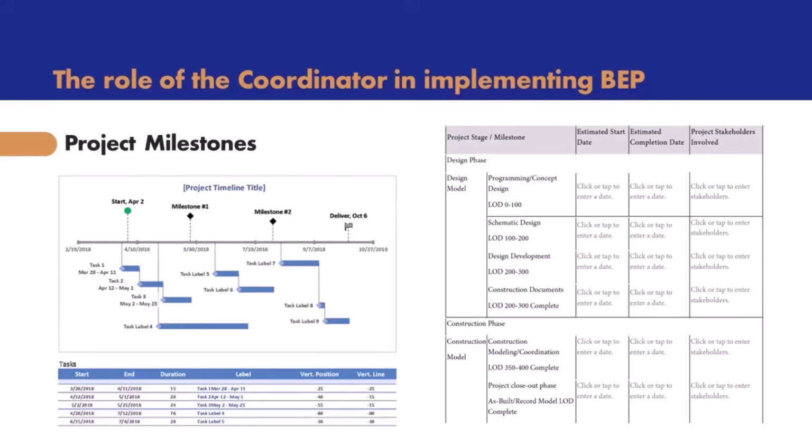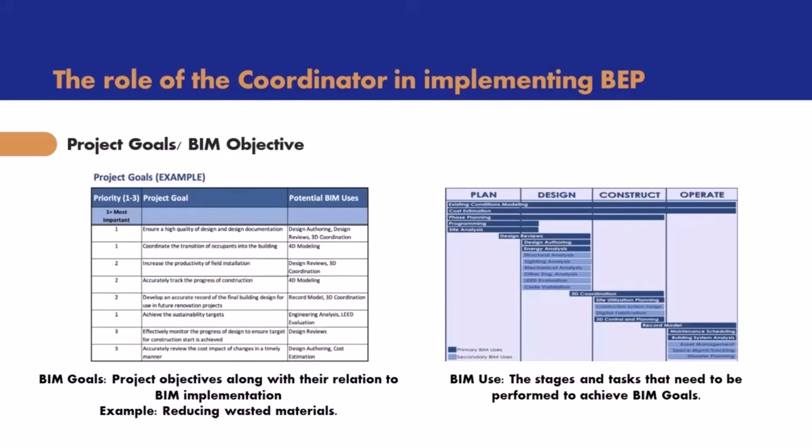Let's get to the next one here, project goals / BIM objective, aka BIM use. Yes, they call it BIM use as well. Well, what is it exactly? Well, every client has a set of needs and expectations in every project, and their goals are different.